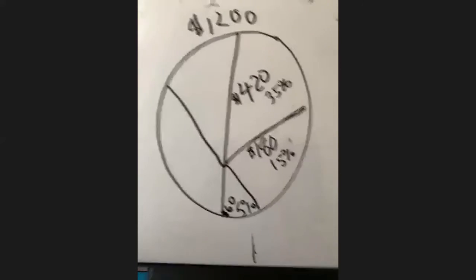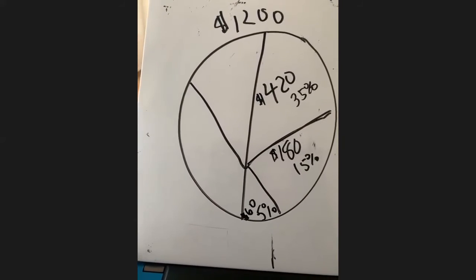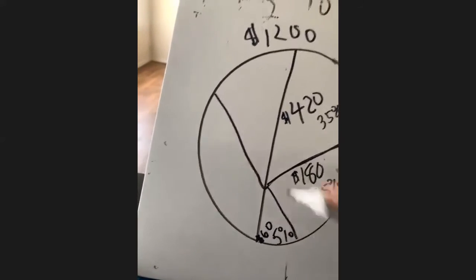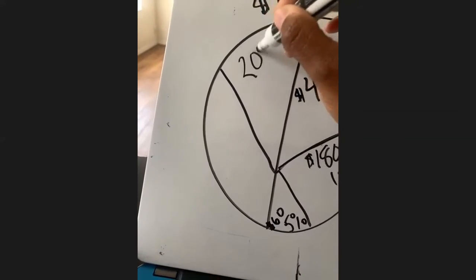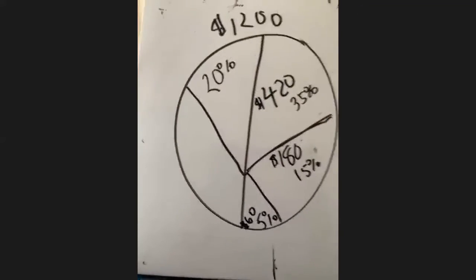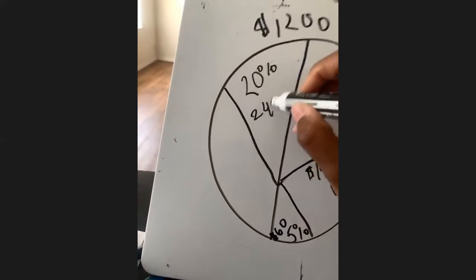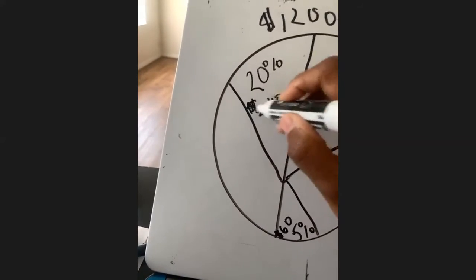Okay, we said 5%. Then we said we had some monies left for food. Okay, and I gave you all 20% for that. So let's just say 20% for food. And when we did the math on that one, we actually got $240. Okay, $240.